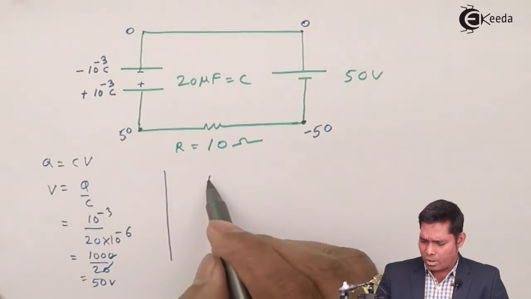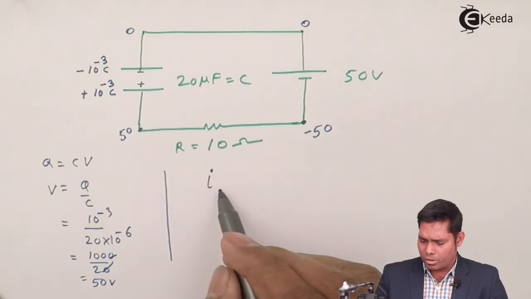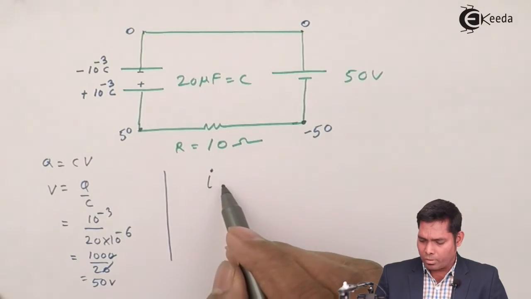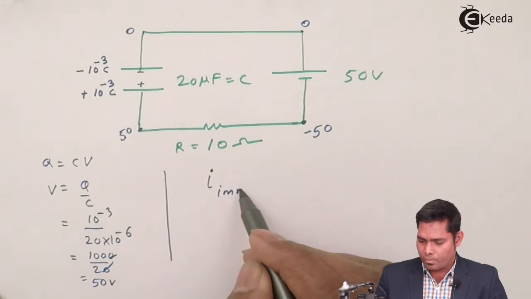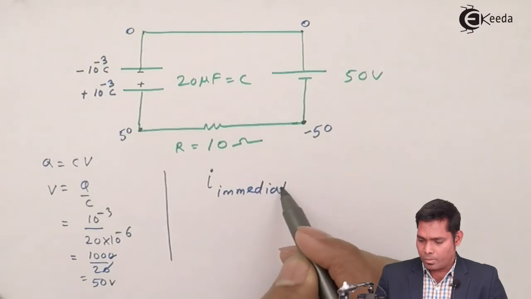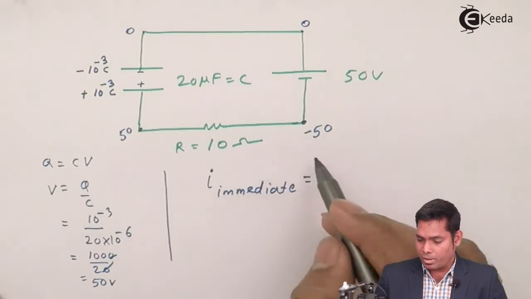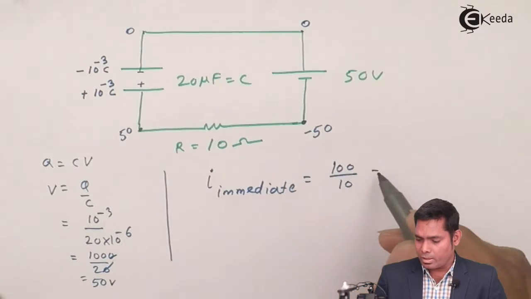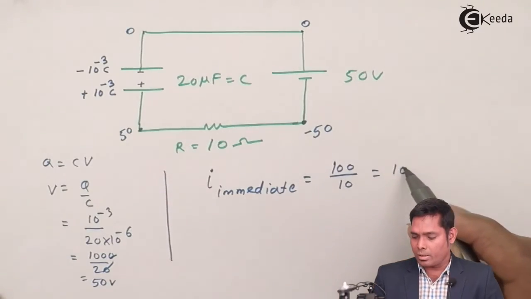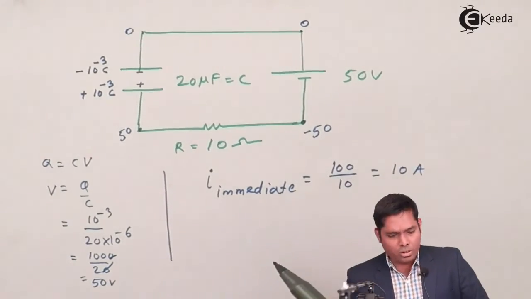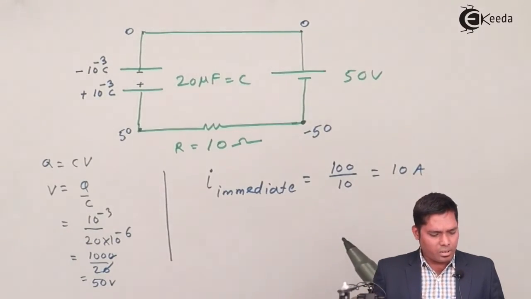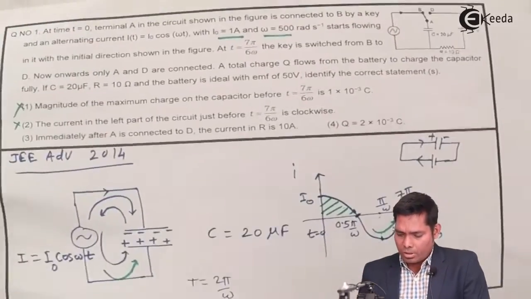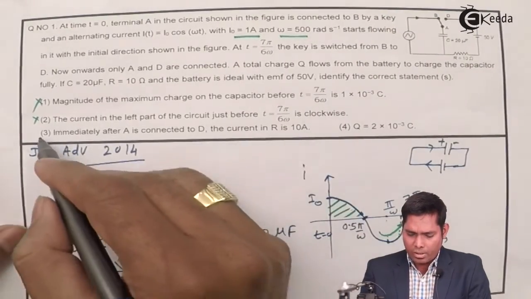So the current immediately after the switch is closed is the potential difference, 100, divided by resistance 10, which is 10 amps. So this part is correct: just immediately after the switch, the current in R is 10.